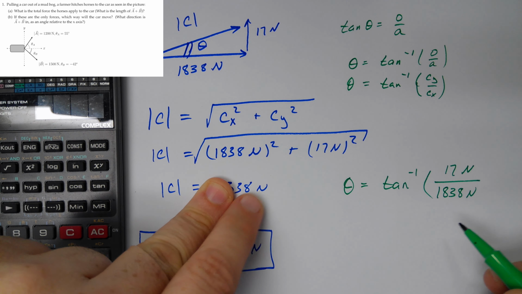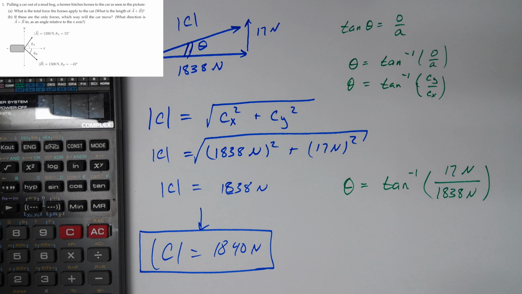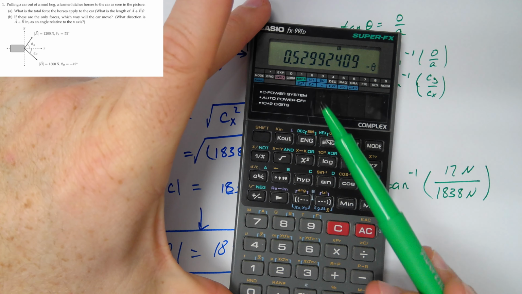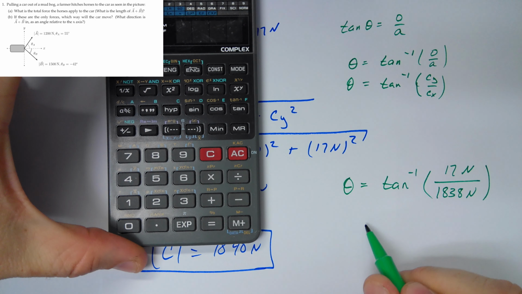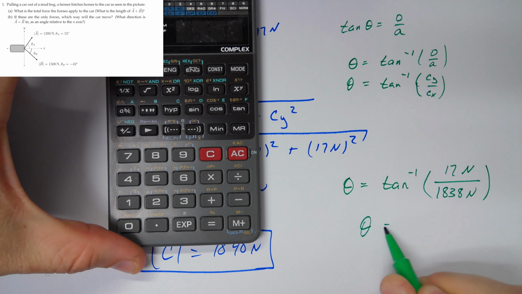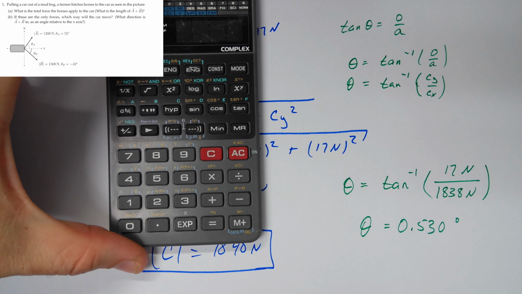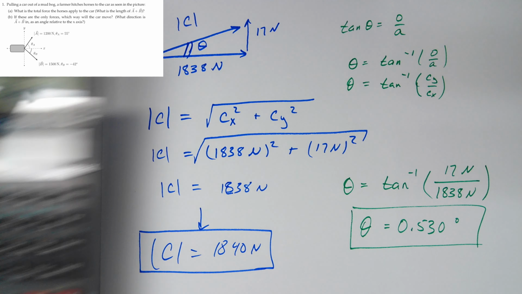This is going to be a really small angle, right? This triangle that we made should be really, really narrow, and this is going to be very small. It's going to be close to 0. And when we calculate, we get about half a degree. Probably to 3 sig figs, we'd say theta is 0.530 degrees. That's going to be the other half of our answer. That's going to be our direction.